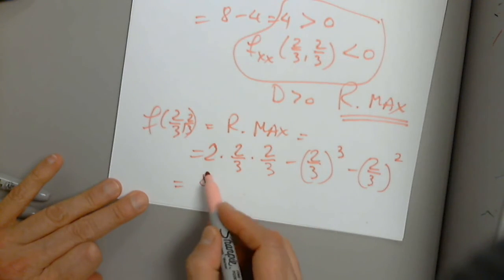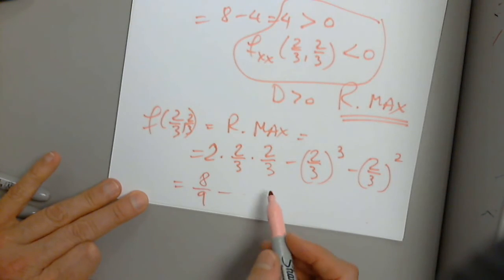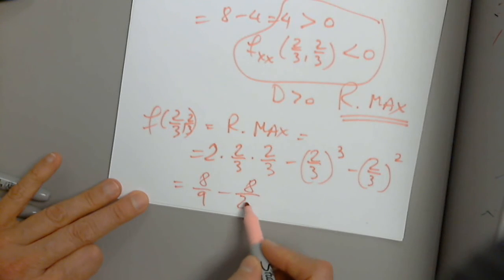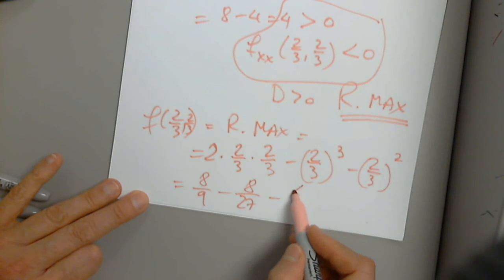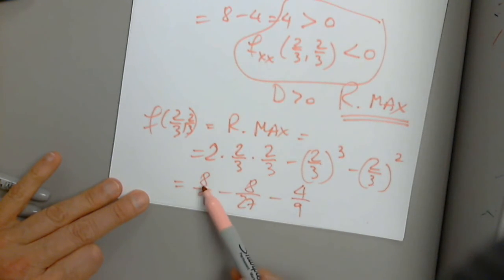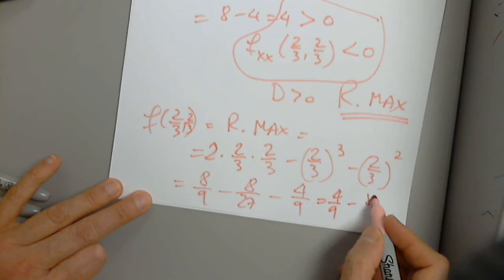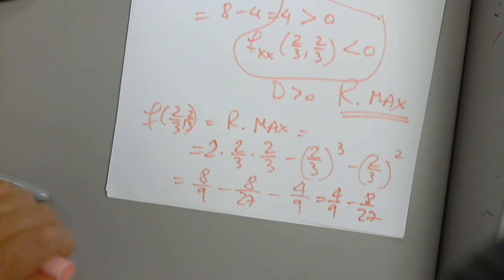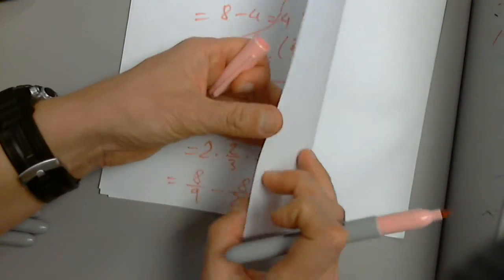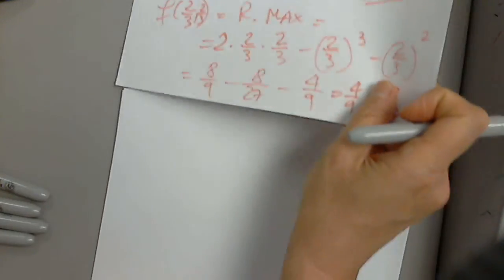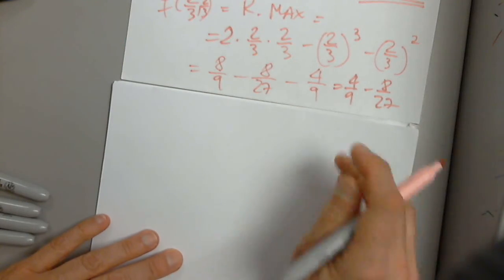So this is 8/9 minus 8/27 minus 4/9. 8/9 minus 4/9 is 4/9 minus 8/27.